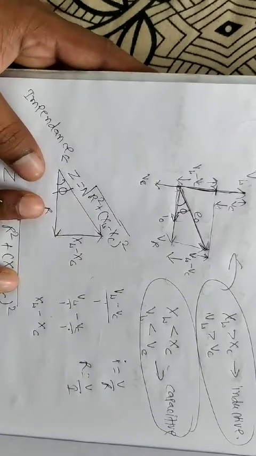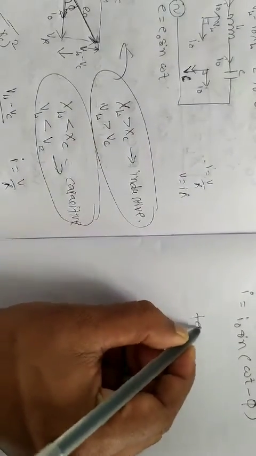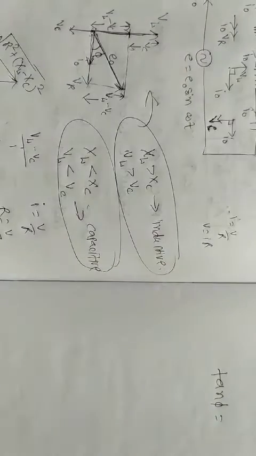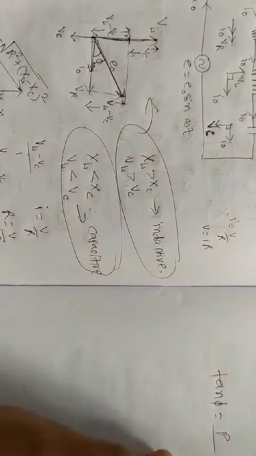Now in this triangle, tell me what will be tan phi? Tan phi will be perpendicular by base.